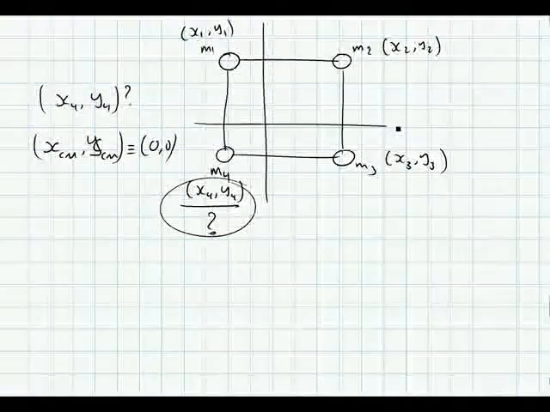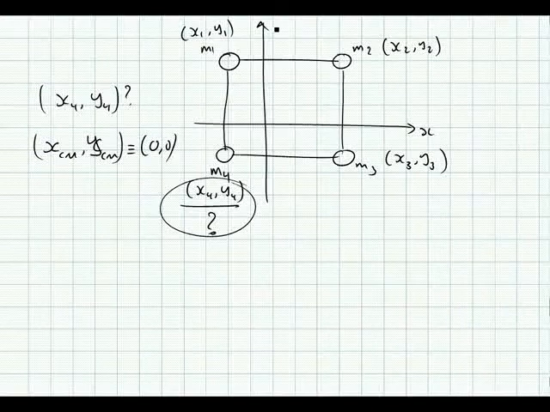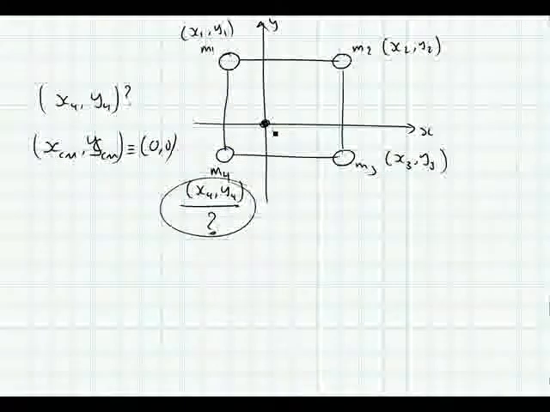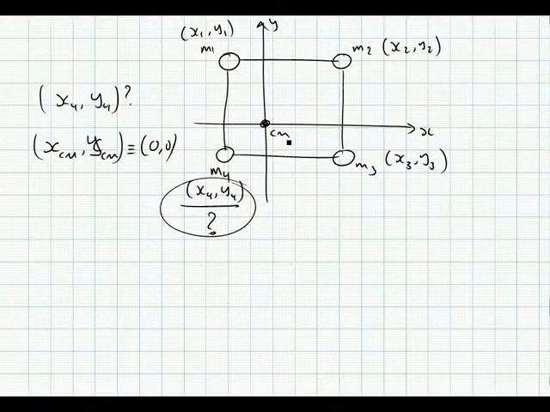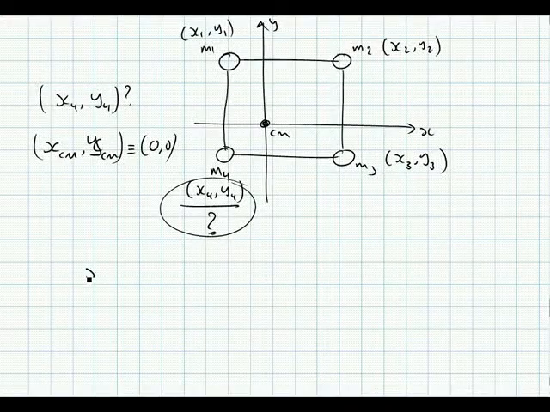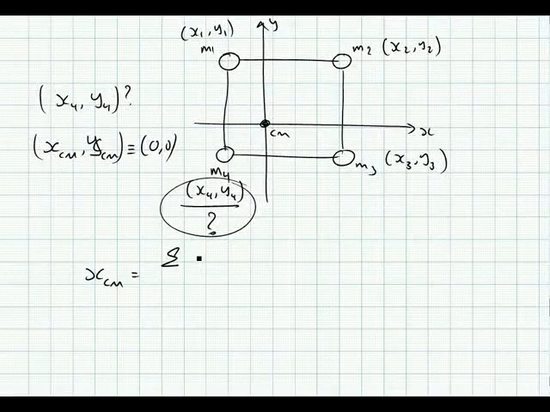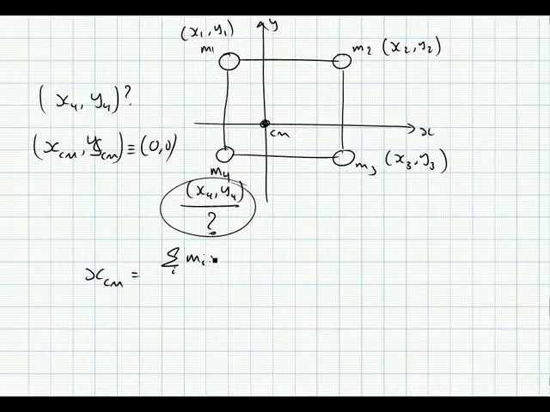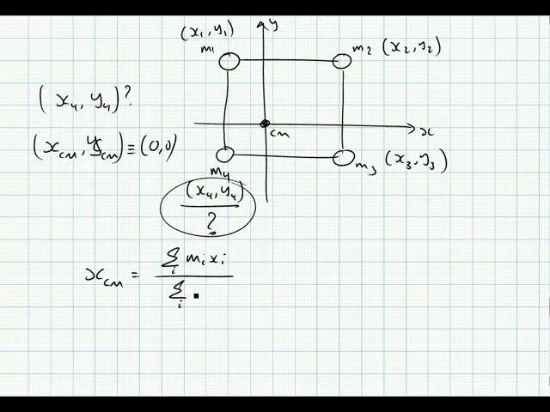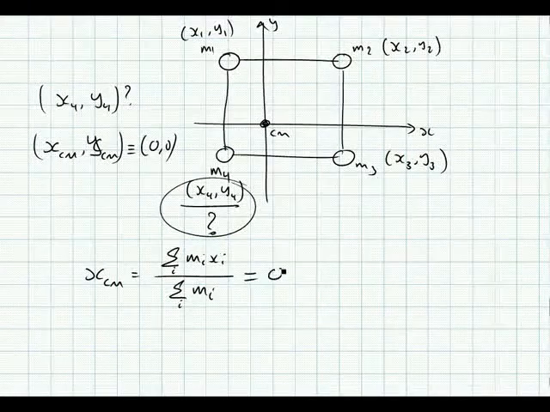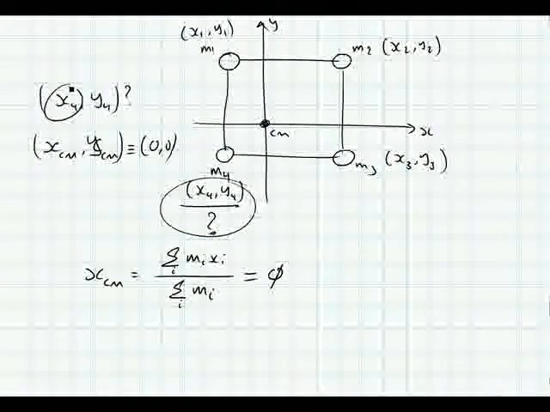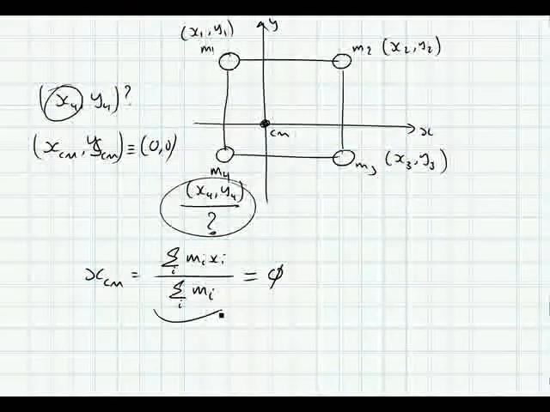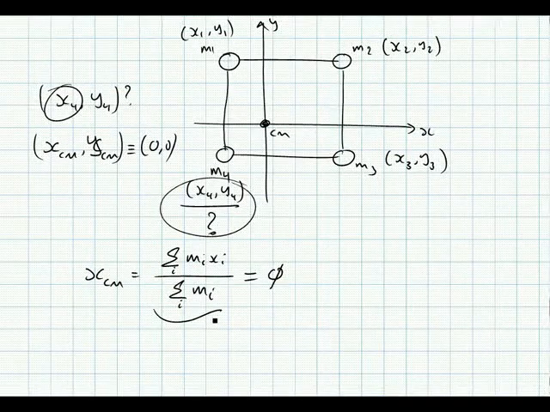So on a Cartesian coordinate system x, y, we want the center of mass to be at the 0, 0 point. Well, you use the expression for the x coordinate of the center of mass being equal to the sum of mi xi divided by the sum of mi, but set the whole thing to 0 and figure out what x4 needs to be such that this sum turns out to be 0.